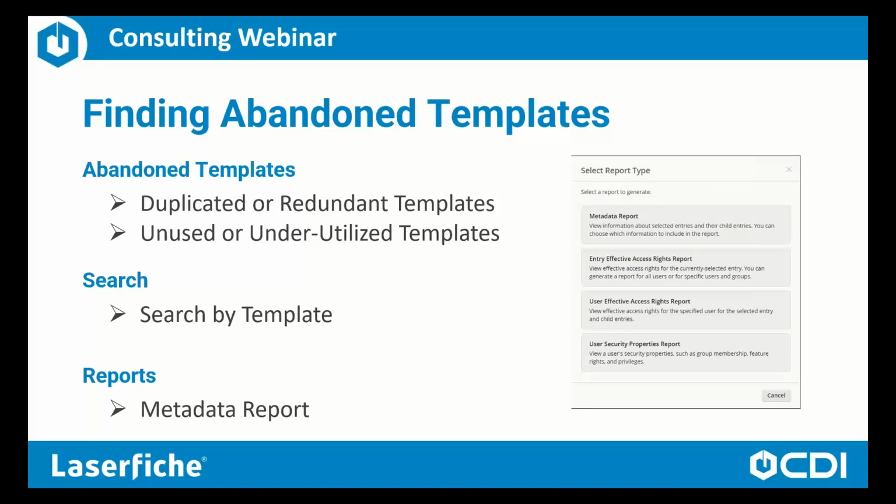My favorite way of determining which templates are used, which ones are not used, is by using the metadata report. By using this report, we're able to export the information for every entry in our repository, including what template is assigned, and any field values that are applied to the documents.